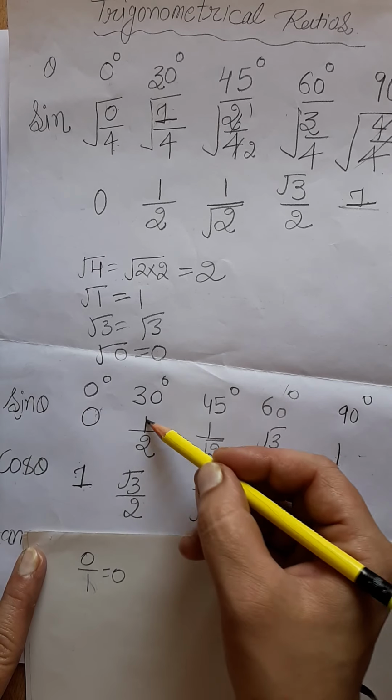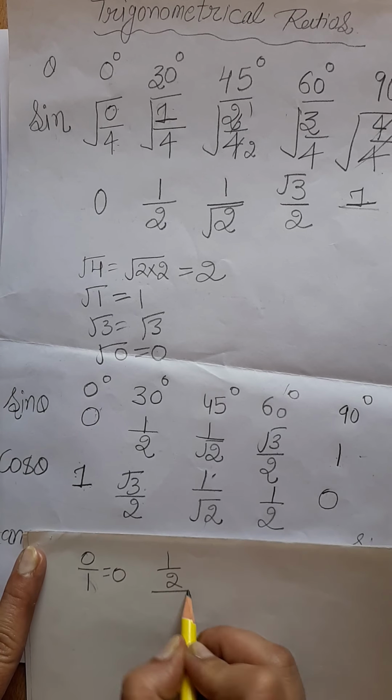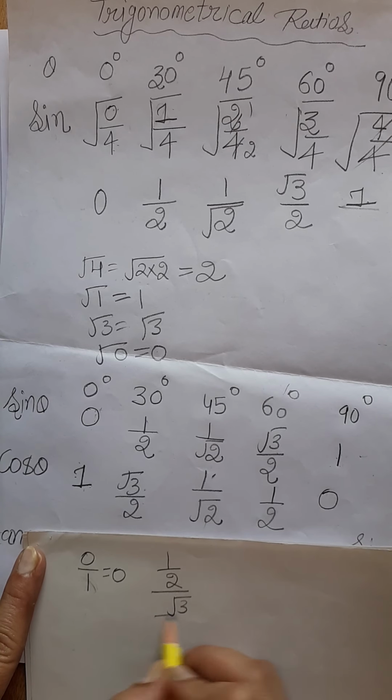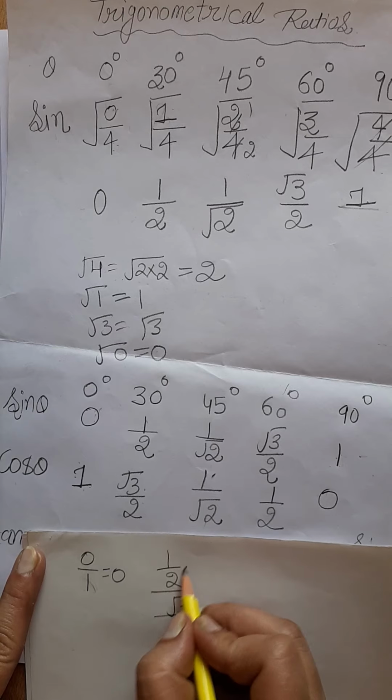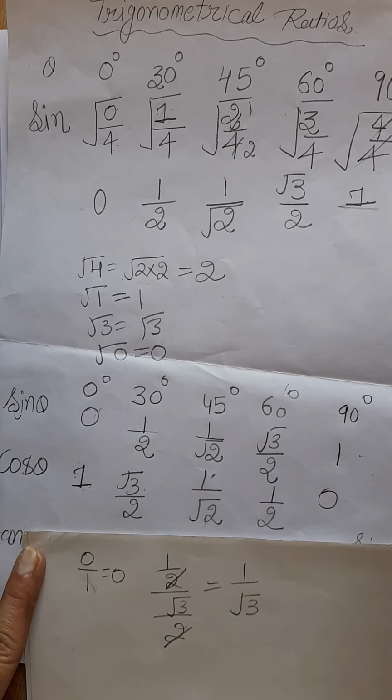And if we divide 1 by 2 by root 3 by 2, by cancelling 2, you get 1 by root 3.